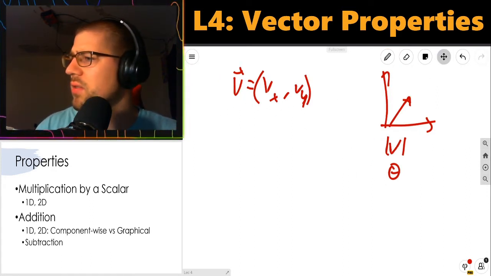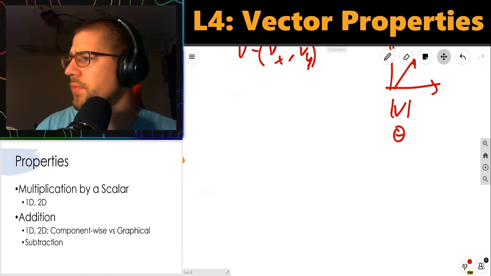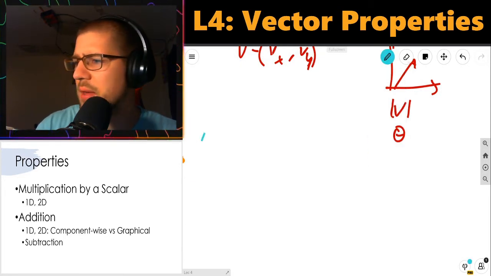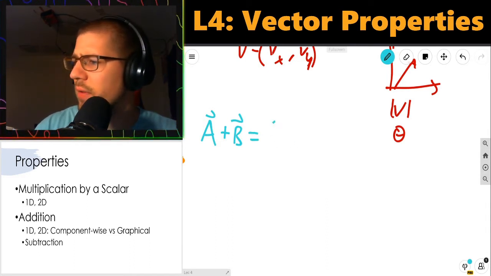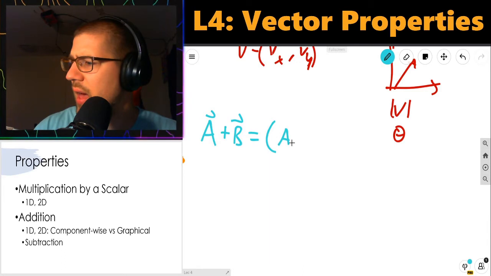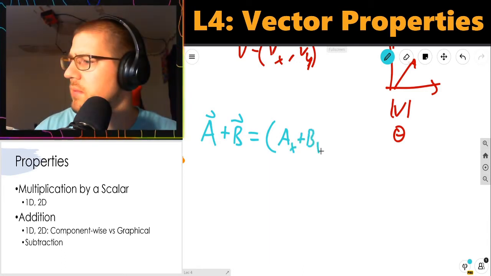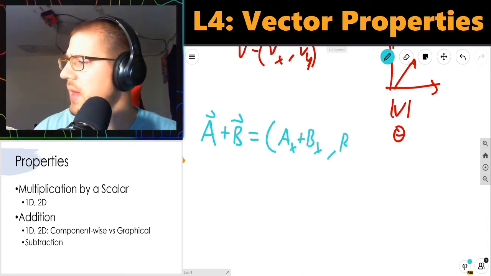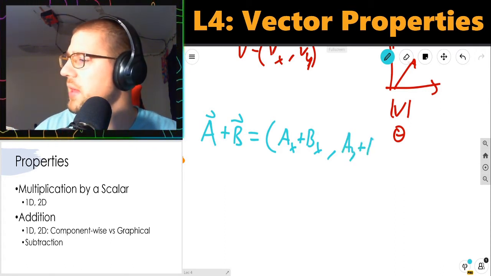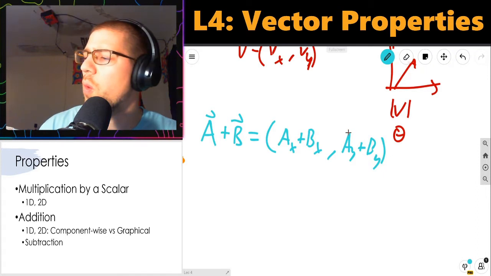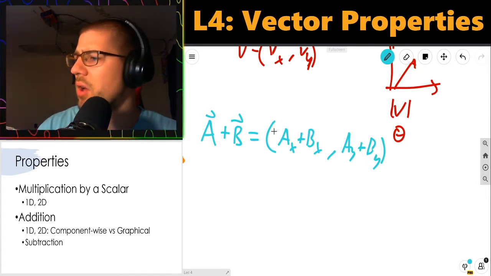Here's the first way that I think of vector addition. If I've got two vectors, a and b, then a plus b, that total vector, is going to be ax plus bx, comma, ay plus by. So what we say here is that vectors add component-wise.